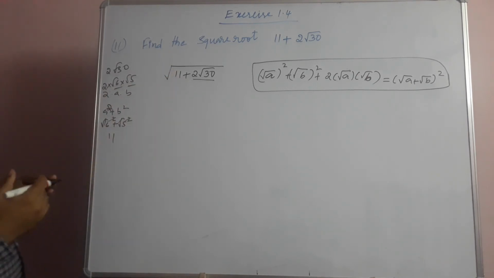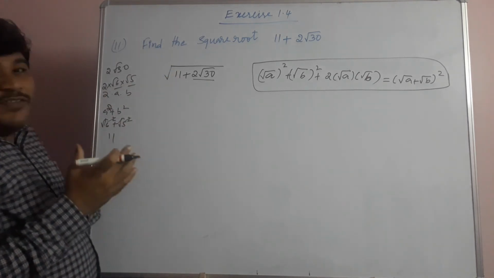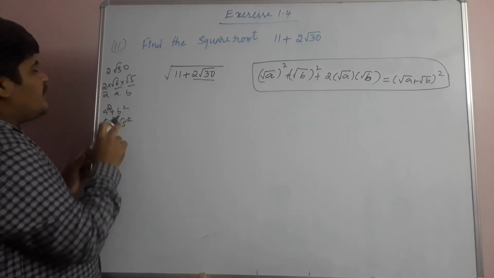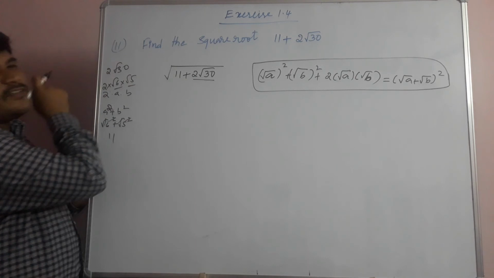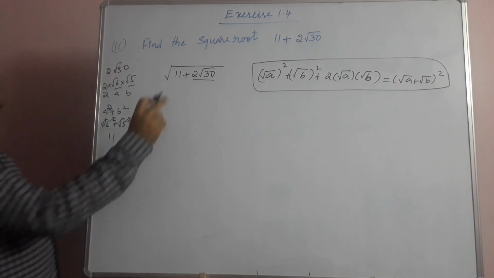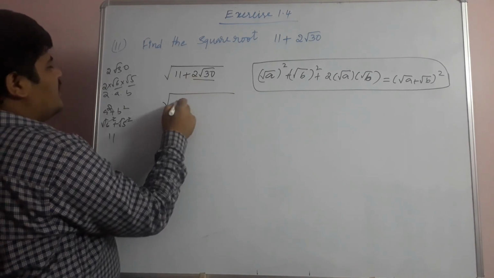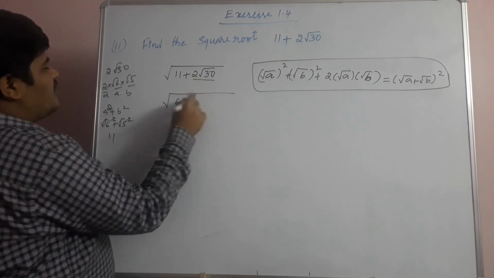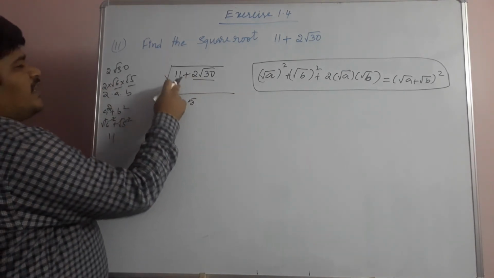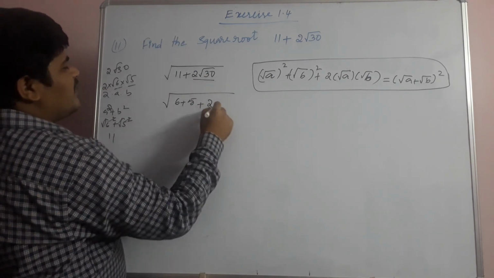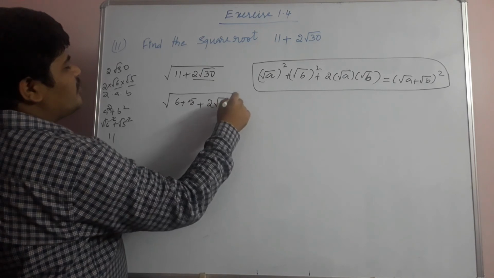It is like in factorization where we split the middle term. Here by using these factors we have to split the first term. So we can write this 11 as 6 plus 5, because here root 6 and root 5 are there, plus 2 root 30 written as 2 into root 6 into root 5.